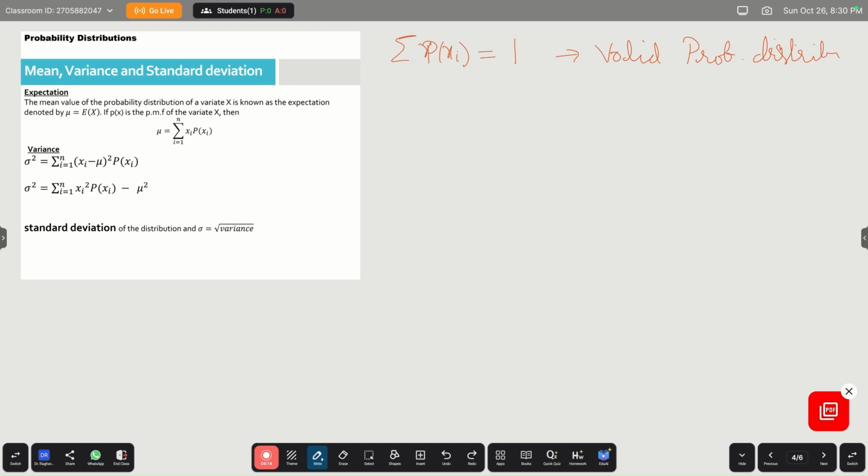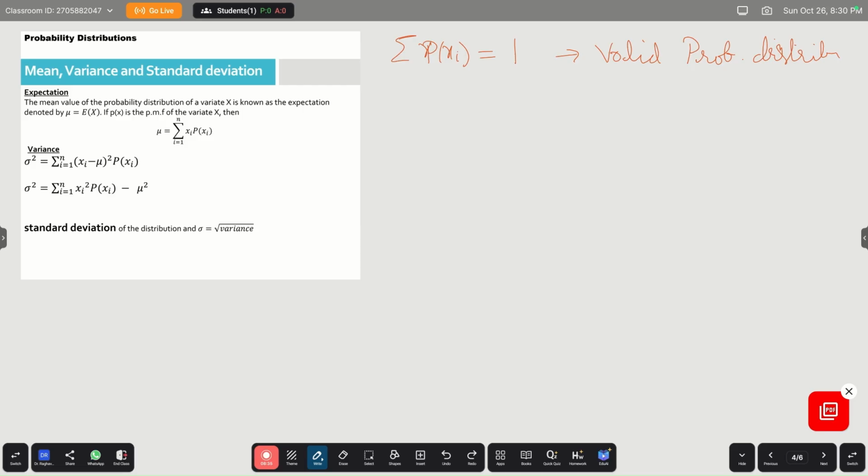Okay. Now we will see what the formulas of mean, variance and standard deviation are. What is mean? In statistics, whenever we talk about mean, we think about average value. That means adding all the values and dividing by the total number of data points.